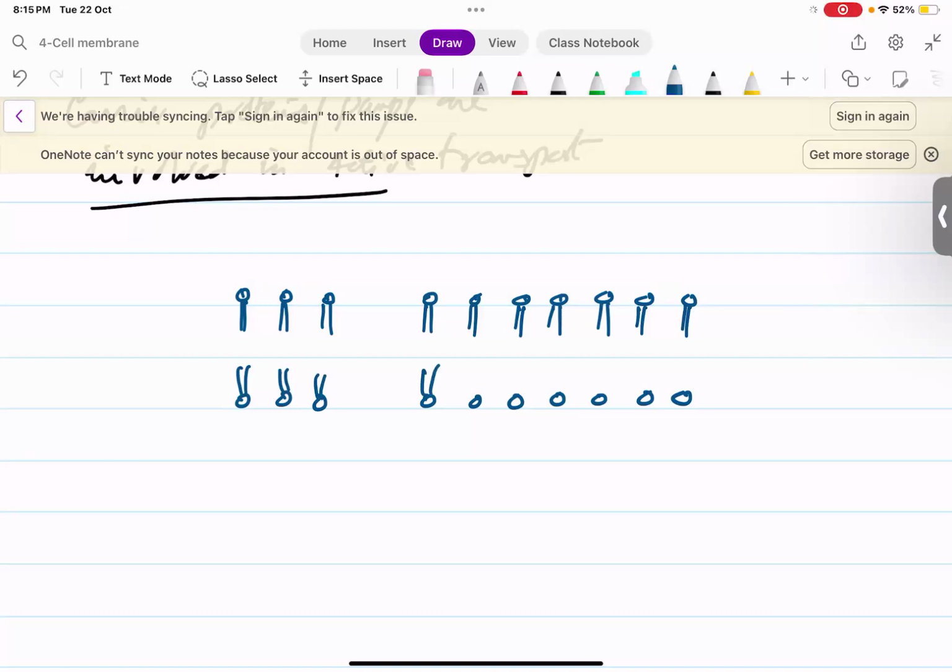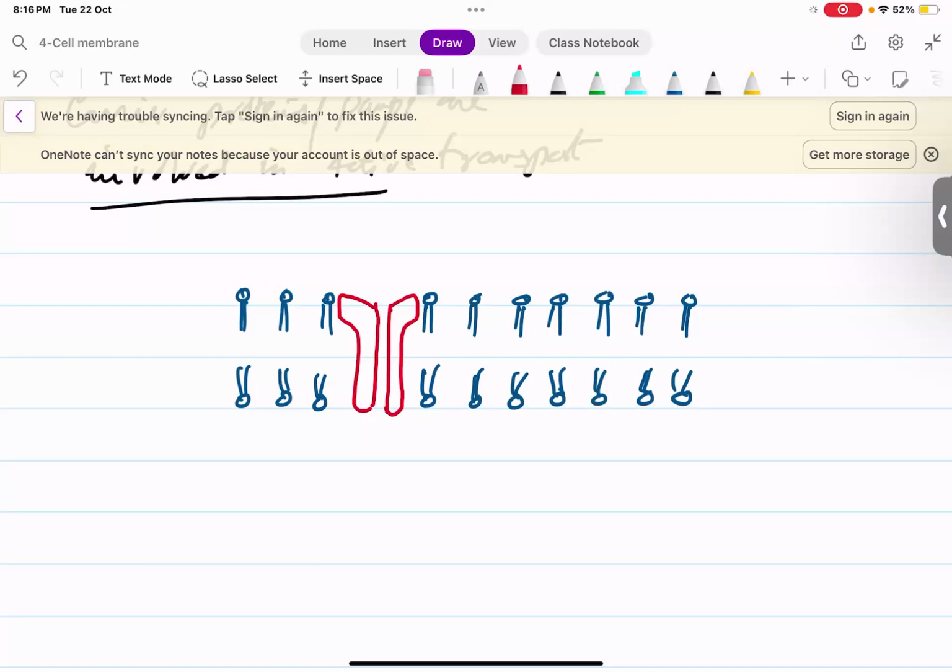Okay. There are integral proteins that span the entire width of this phospholipid bilayer. So we can draw this protein this way.